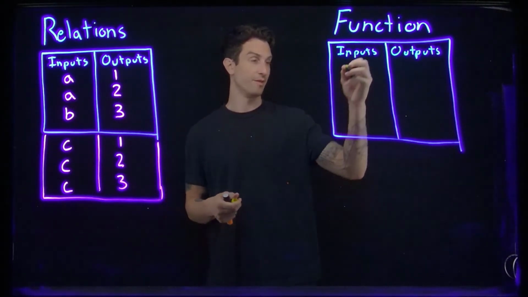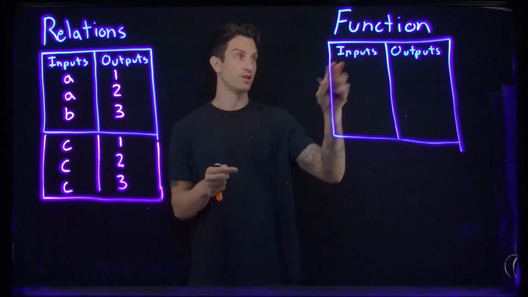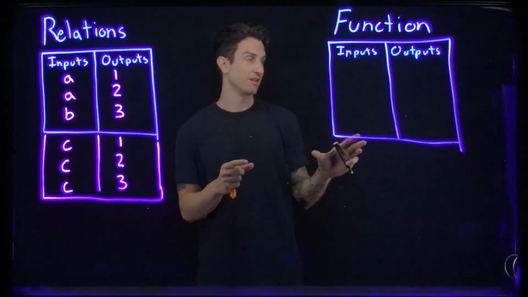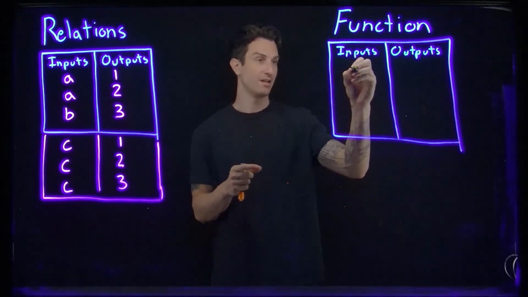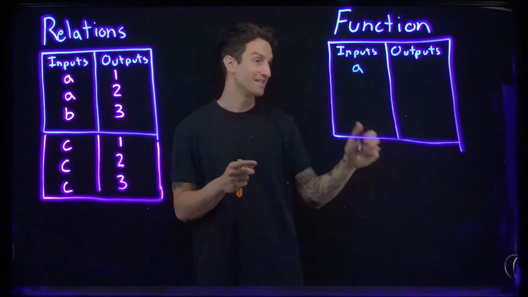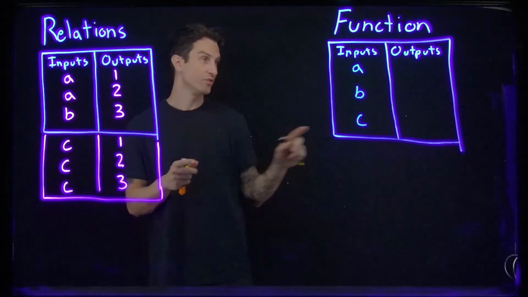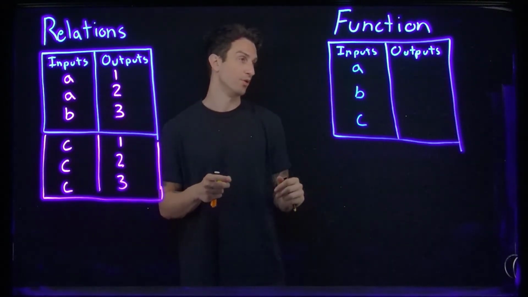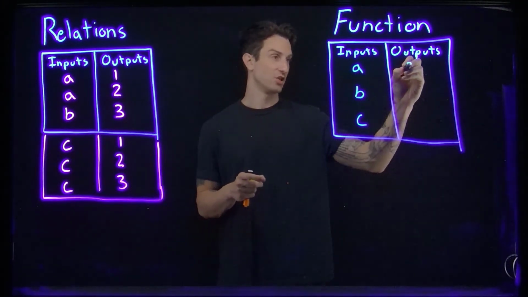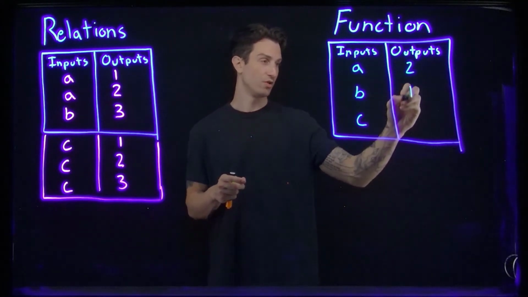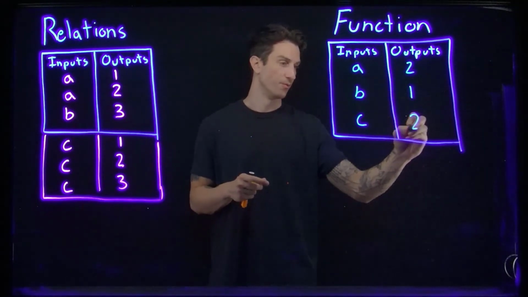So for my inputs, I know for a function, if I plug in something from the domain, A, B, or C, I can only plug it in one time to get one value coming out. It's one and only one output for every input. So let's say this goes with 2, let's say this goes with 1, and we'll say this goes with 2.